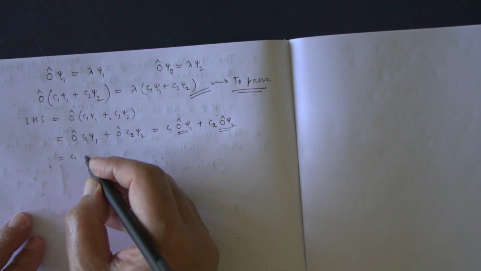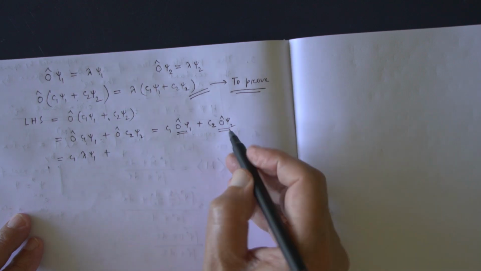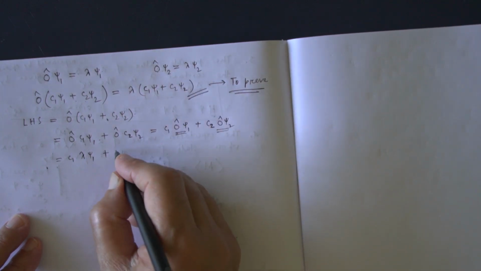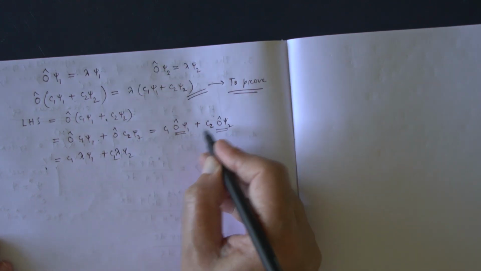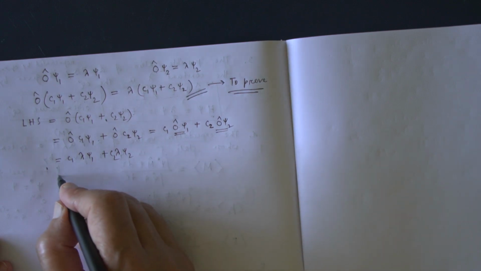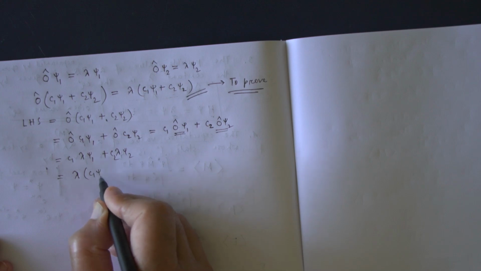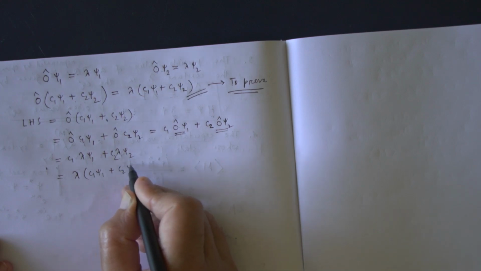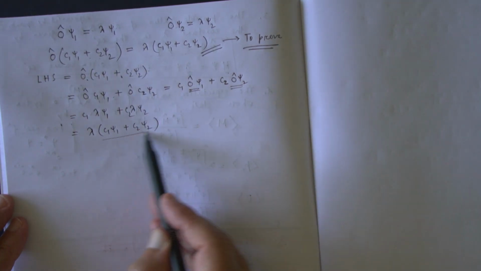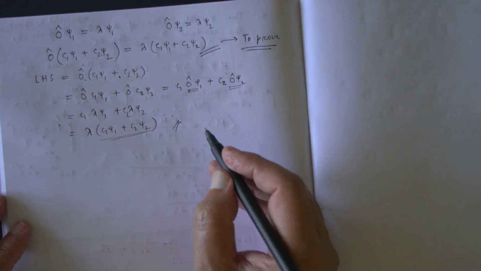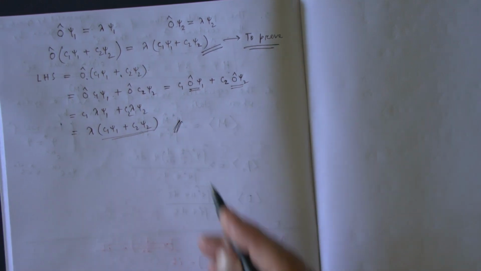So C1 lambda psi 1 plus C2 lambda psi 2. I can take lambda as a constant: lambda times C1 psi 1 plus C2 psi 2. So this is equal to this. So proved. We can prove it this way.